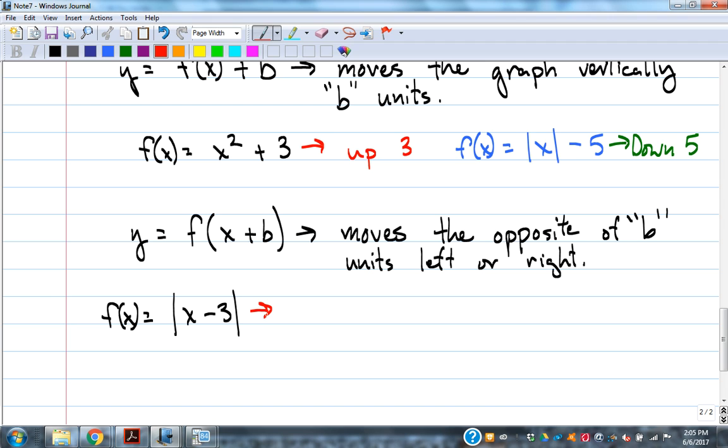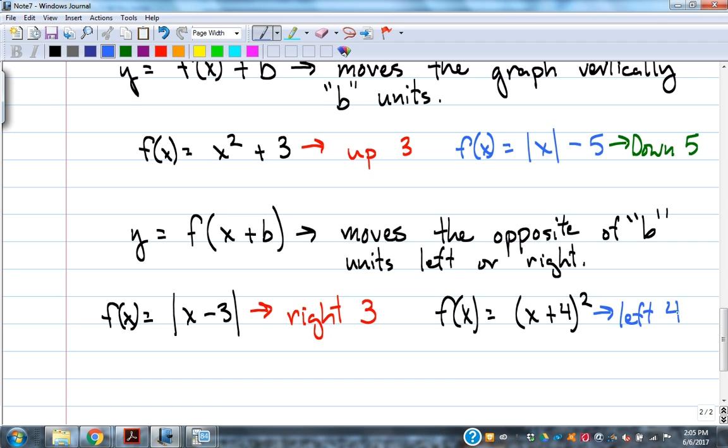Remember, the opposite happens on the inside. So your inside-out shirt goes the backwards way. So it would be right 3. If you had f of x is equal to x plus 4 squared, that'd be left 4 units.